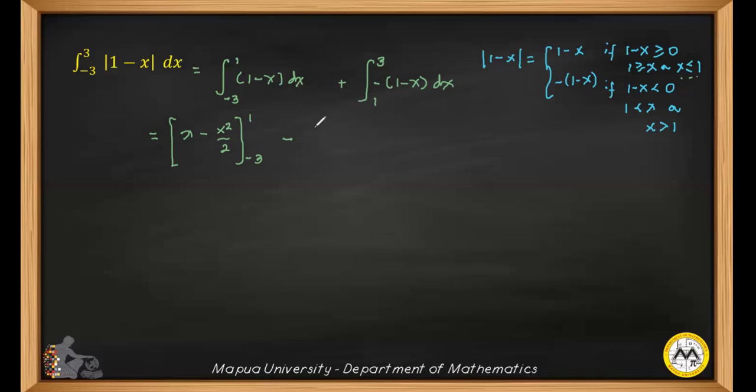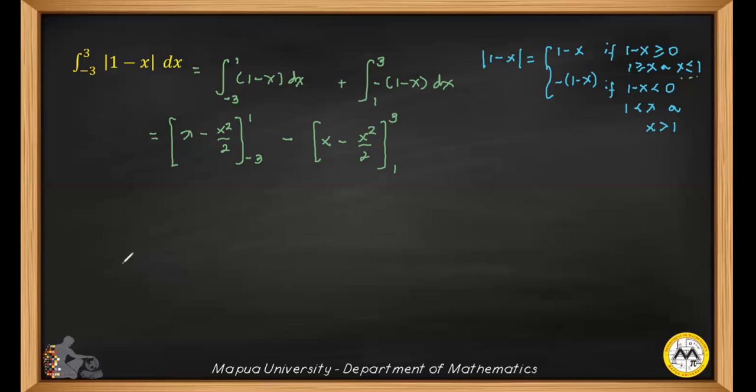The integral of 1 dx, or simply the integral of the differential of x, is x minus the integral of x dx is x squared over 2, and the indefinite integral will be evaluated from the lower limit 1 to the upper limit 3.